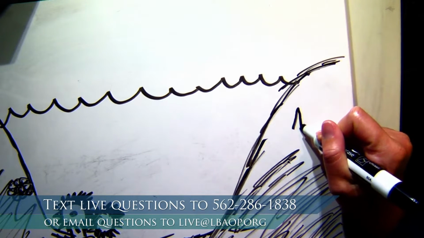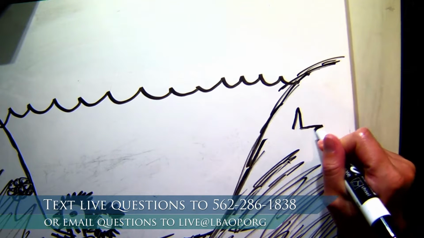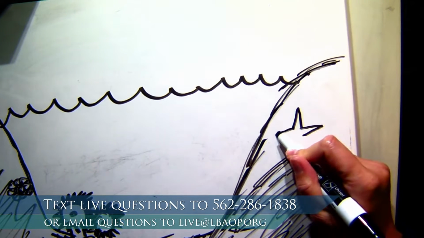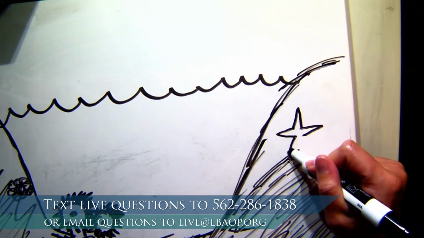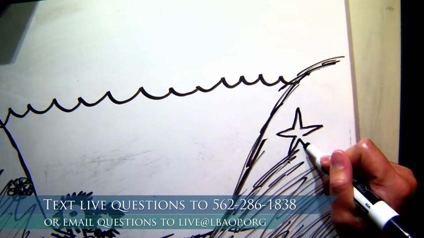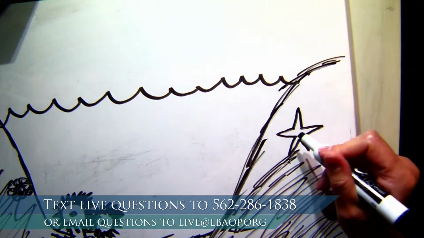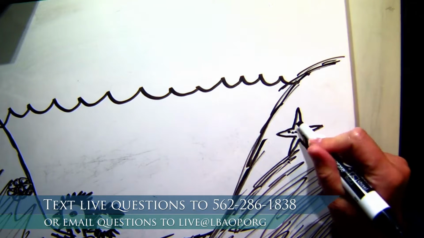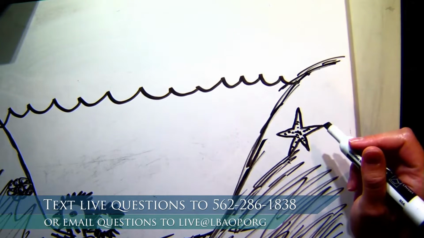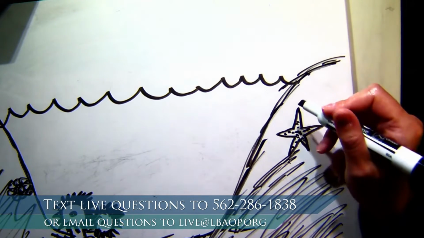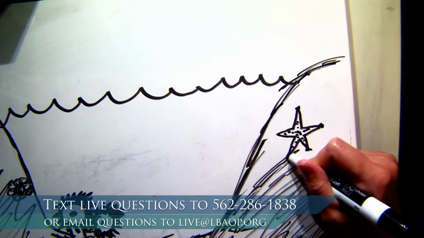So I'm going to draw a skinny triangle, and then another skinny triangle out, and another skinny triangle out, and then two skinny triangles on the bottom here. There we go. I might add some polka dots on mine to make it like our ochre stars. They have little white dots on the top. That's part of their body. Maybe I'll even show some little tube feet sticking out the bottom here.